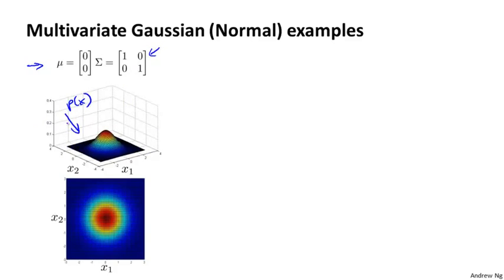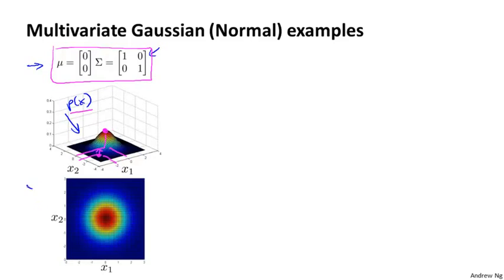What I'm showing in this figure is, for a specific value of x1 and for a specific value of x2, the height of this surface gives the value of p of x. And so with this setting of the parameters, p of x is highest when x1 and x2 equal 0. So that's the peak of this Gaussian distribution, and the probability falls off with this two-dimensional bell-shaped surface.